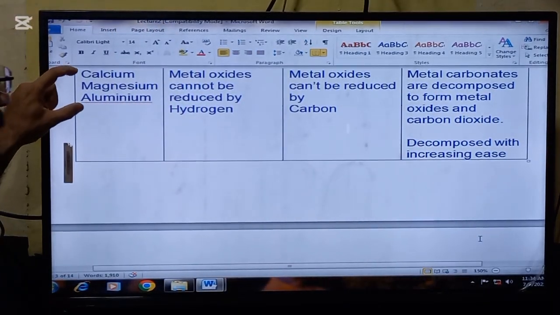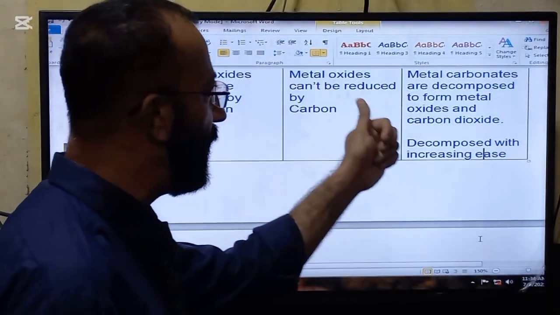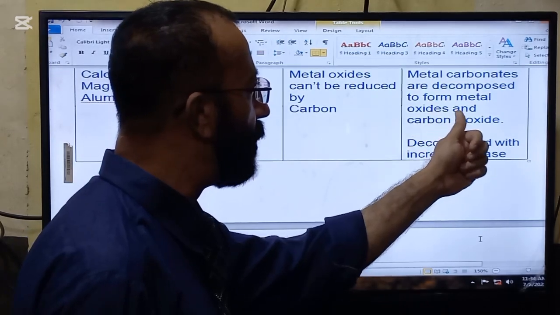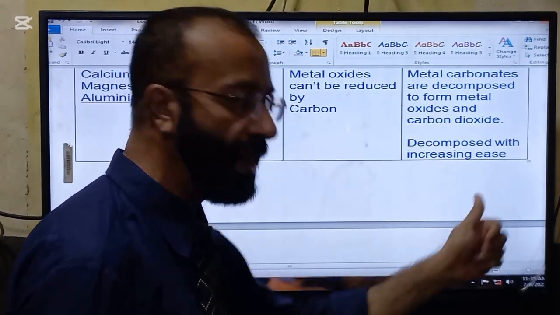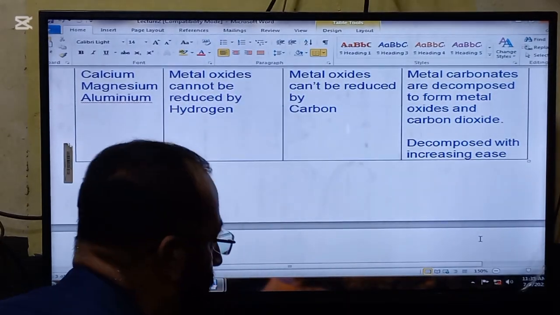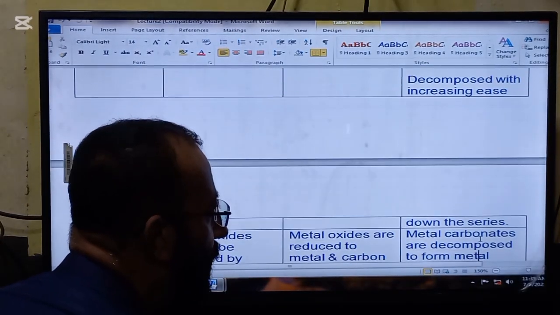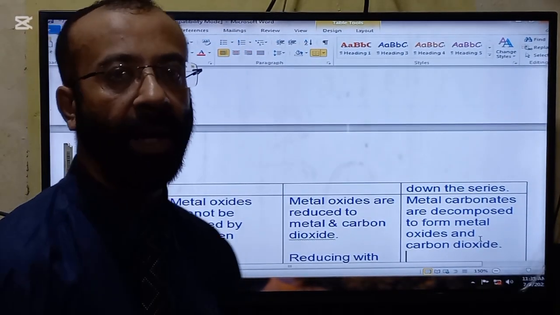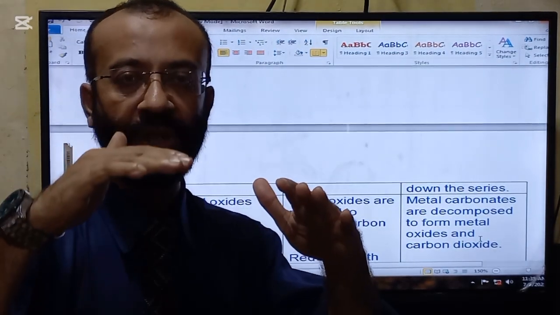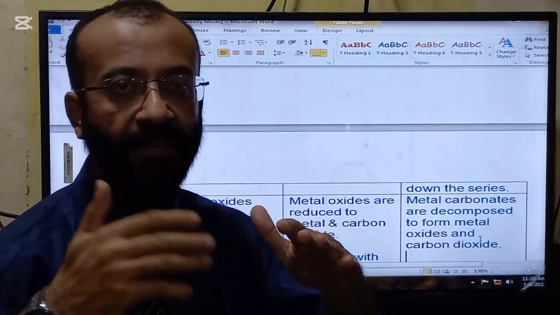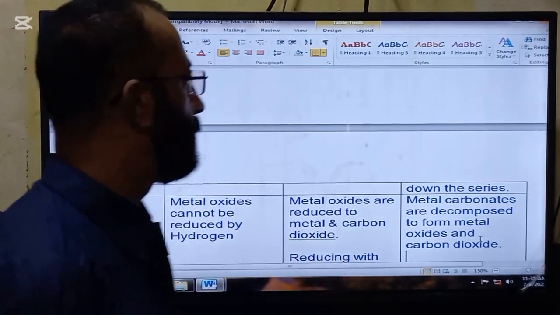So for these three metals, the metal carbonates can be decomposed to form metal oxide and carbon dioxide, decomposed with increasing ease down this series. So this is the difference. As you go down this series, the reactivity increases.